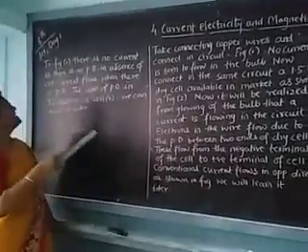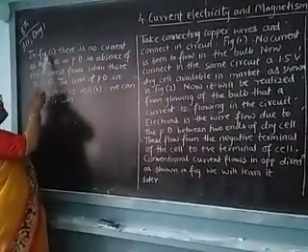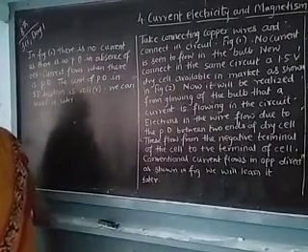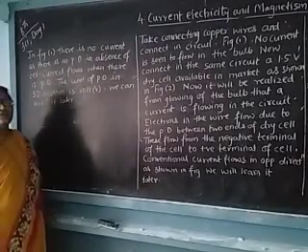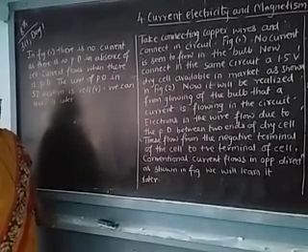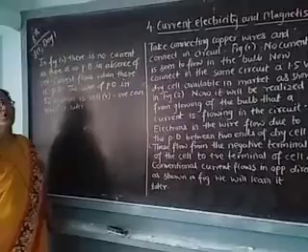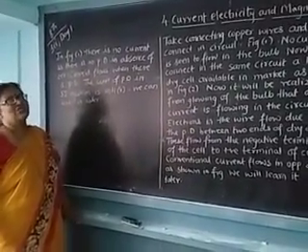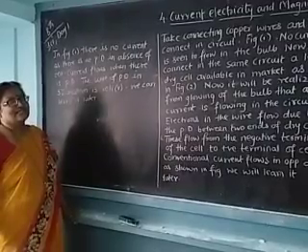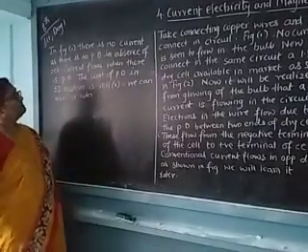Now, further, in the first figure there is no current as there is no PD. In the first figure there is no glowing of the bulb because there is no cell, so no potential difference is created in this circuit. Therefore there is no glowing of the bulb.